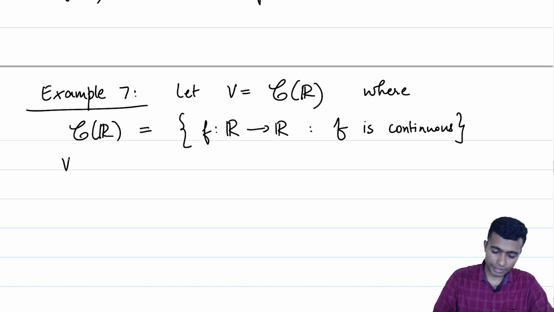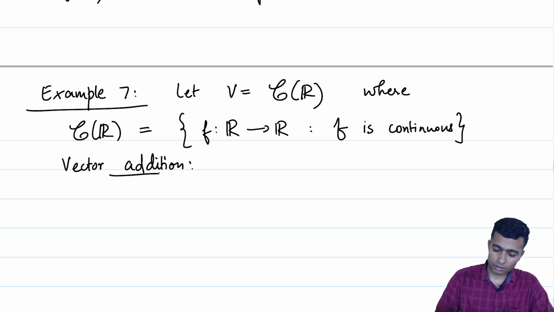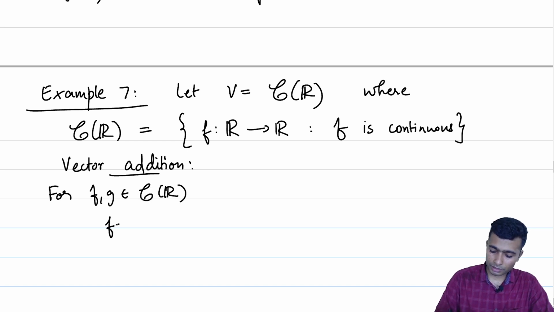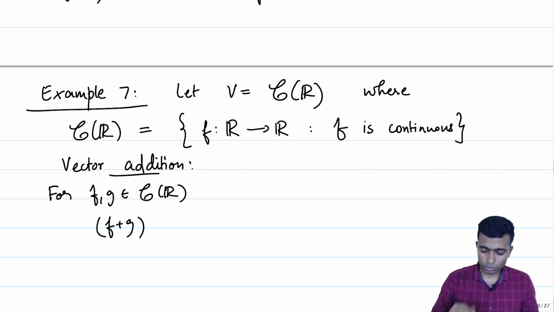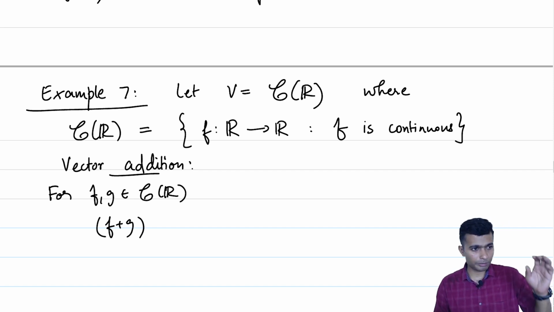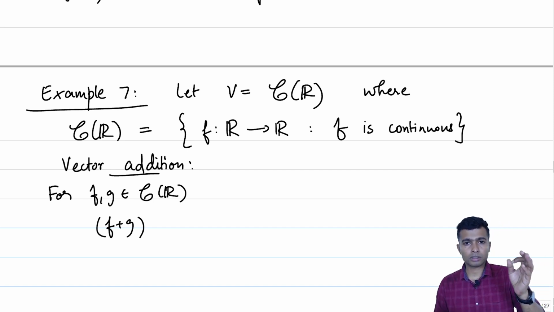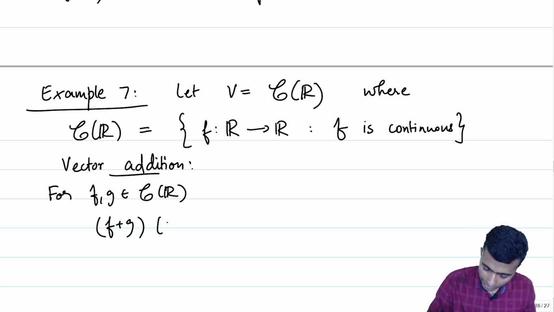Okay. So, we define the vector addition here. For f comma g in C of R, we need to describe f plus g, which should be some function from R to R, right. So, we will define f plus g of x to be f of x plus g of x.